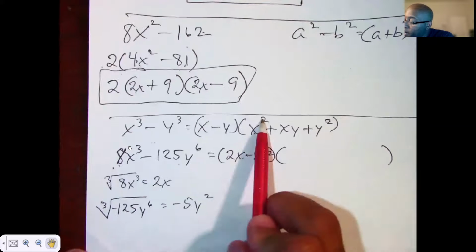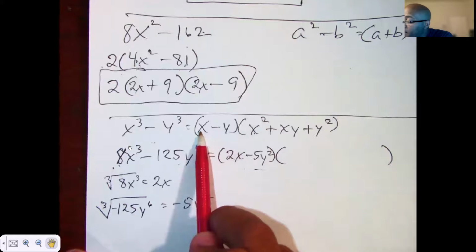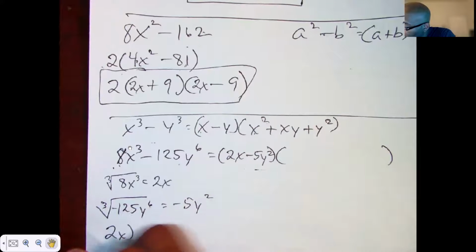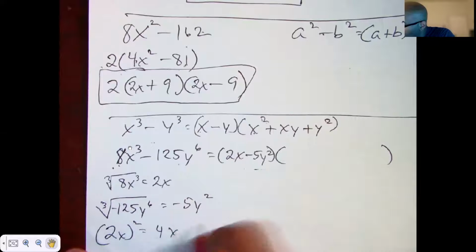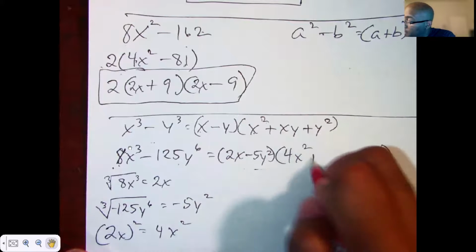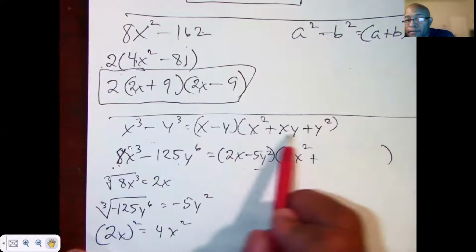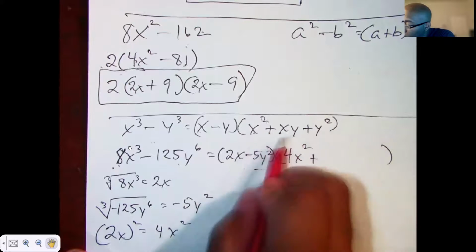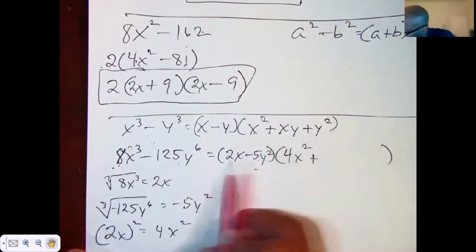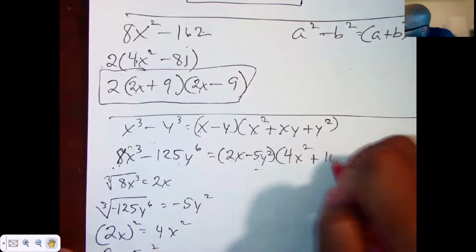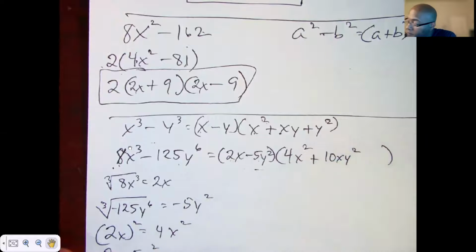Now, the first term squared: 2x squared is 4x squared. Plus these two multiplied, it's going to be a plus there. 2x times 5y to the second. That's going to be 10xy squared.